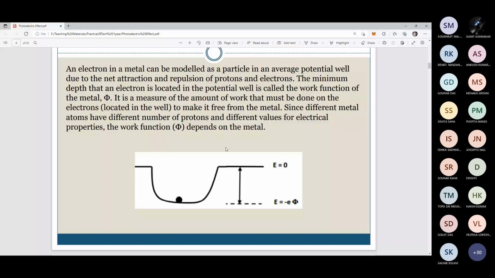But what is its kinetic energy? If we apply some external energy with the application of a photon, which is greater than this energy, then it can be removed from the material. The same amount of positive energy is used to remove it, and the remaining part will be used to give its kinetic energy.